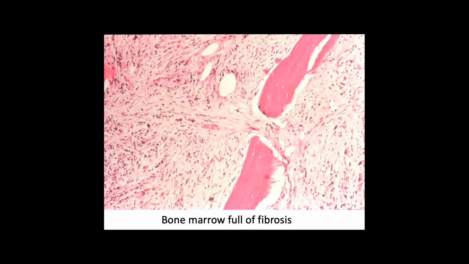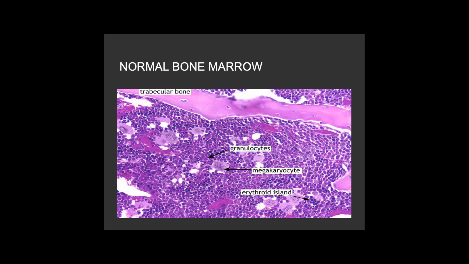So this is a bone marrow that is full of fibrosis, which is not a good thing. You have fibers moving in and taking over the bone marrow so that red blood cell production can't occur. This is normal bone marrow.